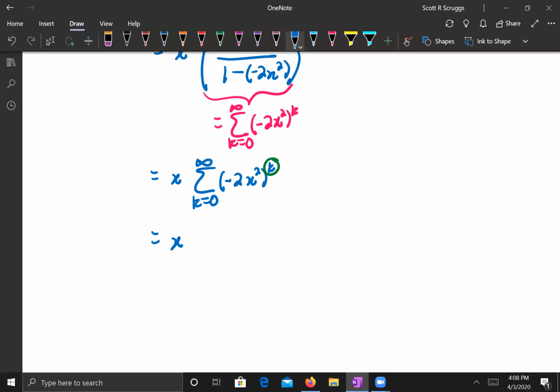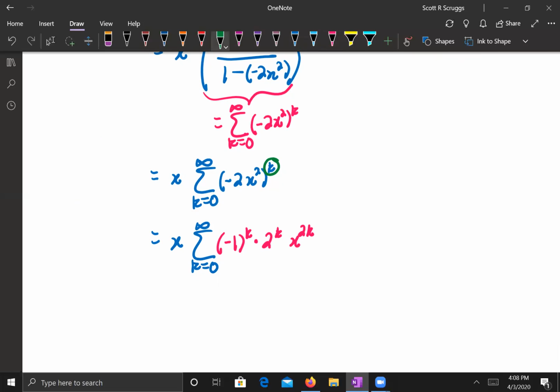So I have x times the power series k equals 0 to infinity. Because I have that negative sign up in front raised to the kth power, I have a negative 1 to the kth power, because negative 1 is one of the terms in my product. Next, I have 2 to the kth power. And then I have x squared to the kth power, which we can rewrite as x to the 2k.